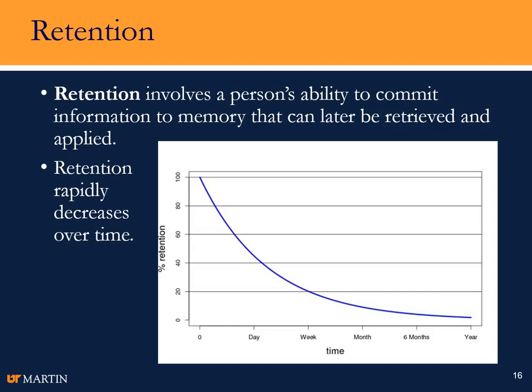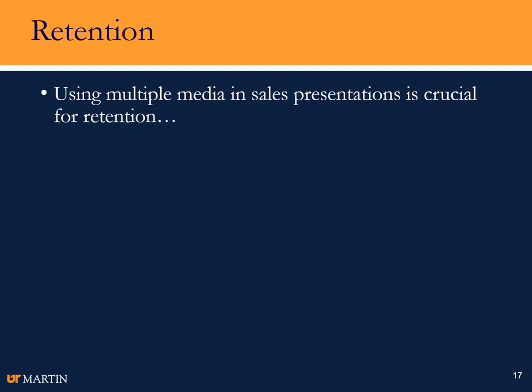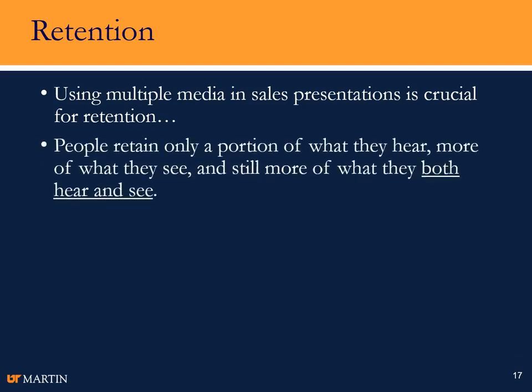So what can you do as a salesperson to make sure people retain as much information as possible? Well, using multiple media and sales presentations is crucial. People only retain a small portion of what they hear. They retain more of what they see, but they retain the most of what they both see and hear. And we can add touch and engage with to that as well.